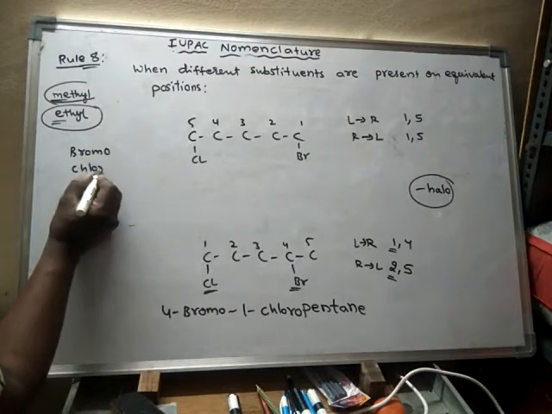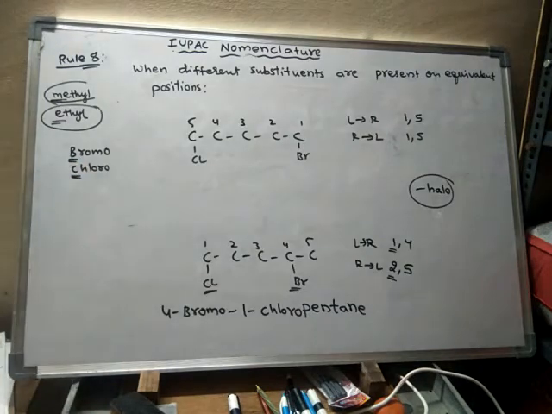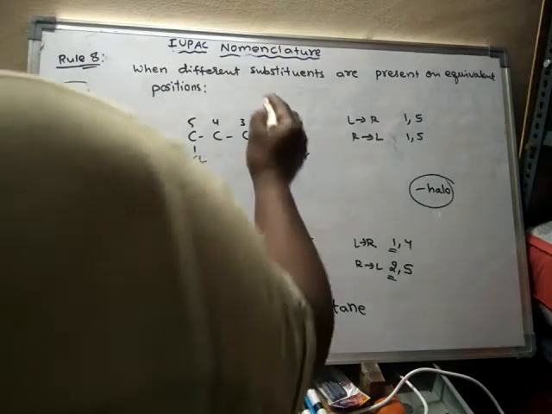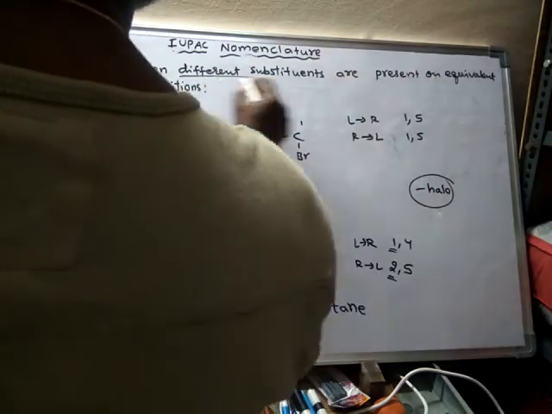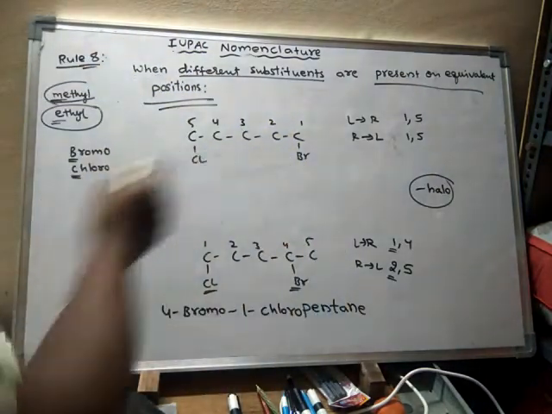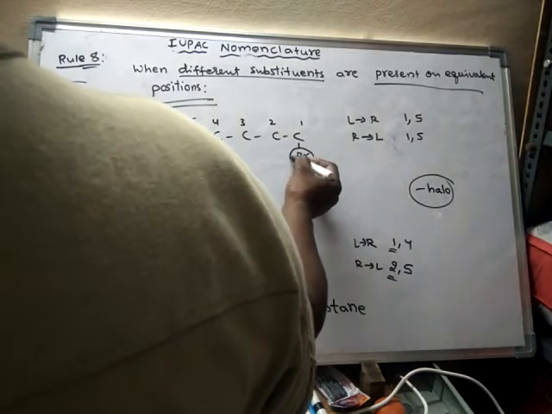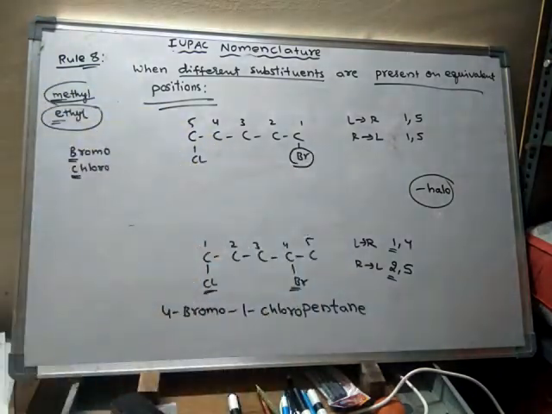Under which condition? Only when different substituents are present on equivalent positions do we follow this. Then the lowest number is given to the substituent according to the alphabetical order.